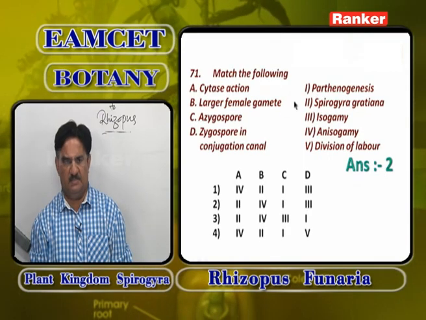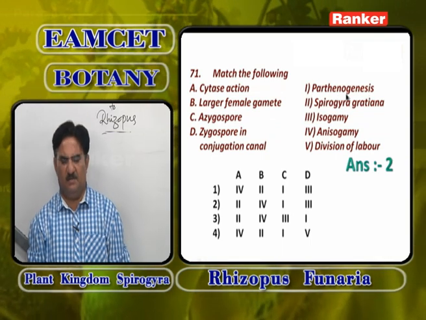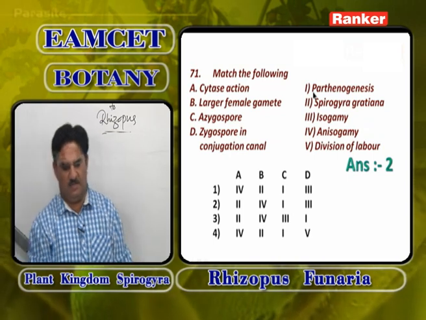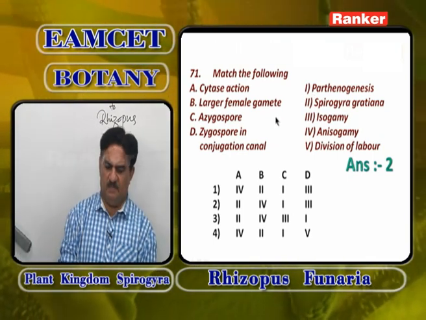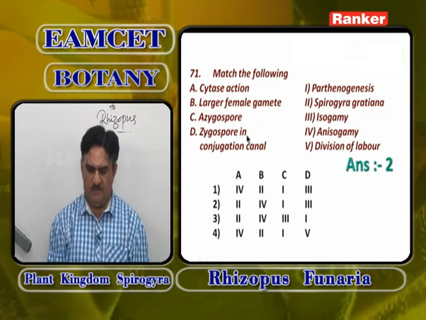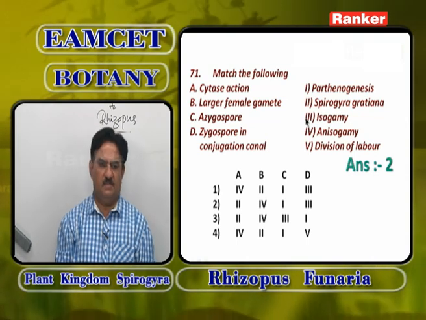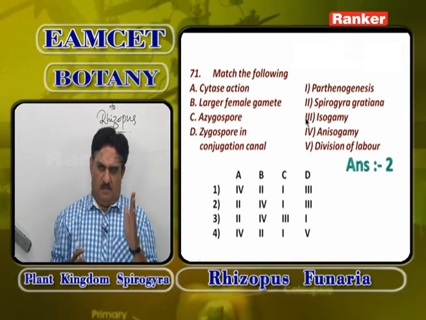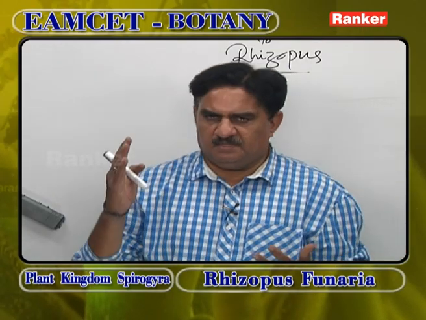What is parthenogenesis? The unfused aplanogamete sometimes gets surrounded by thick walled layers, resulting in the formation of a zygospore. Then zygospore in conjugation canal: isogamy. Whenever isogamy takes place, the aplanogametes of both cells come and ultimately fuse to form a zygospore in the conjugation canal.